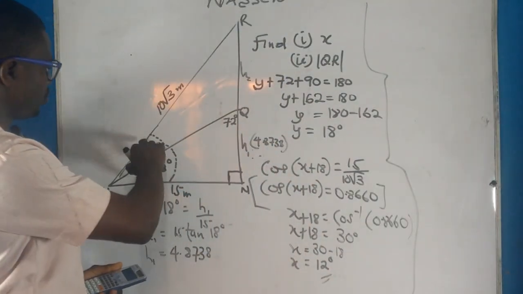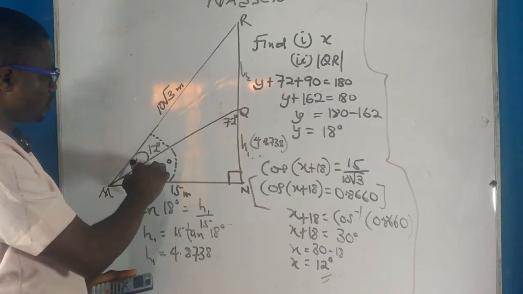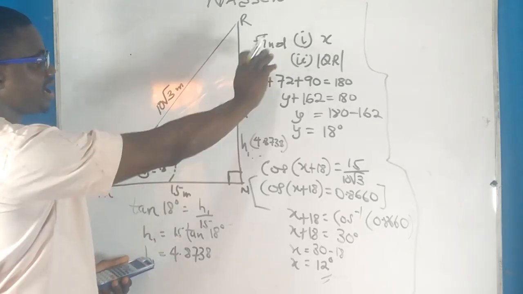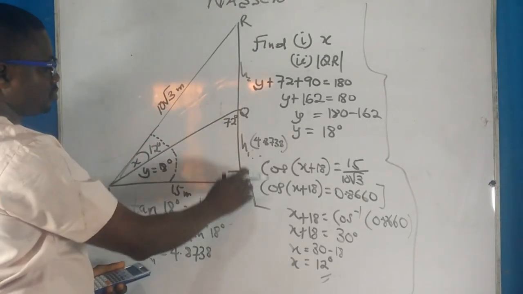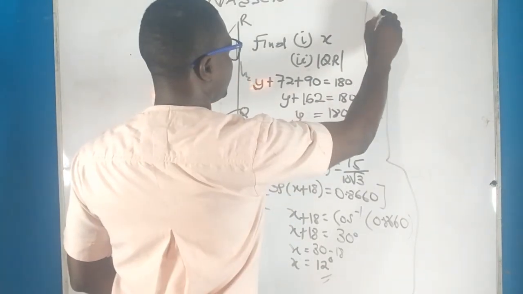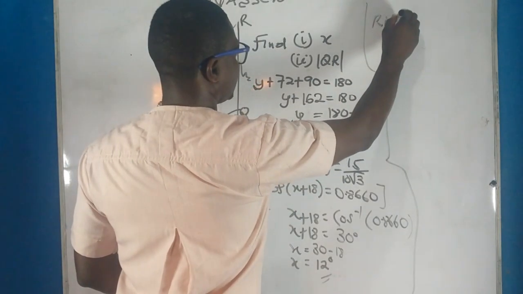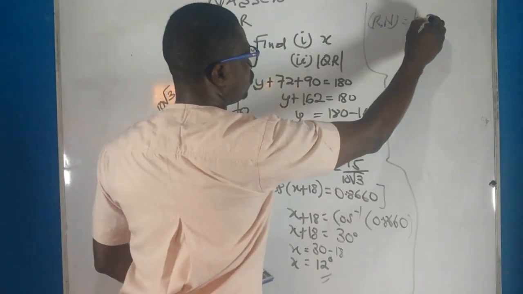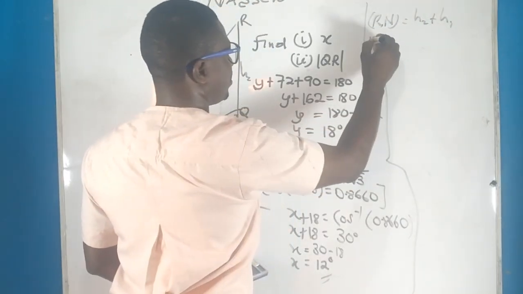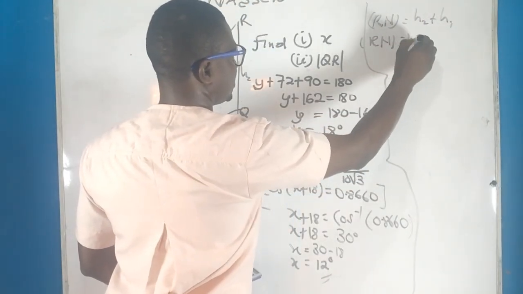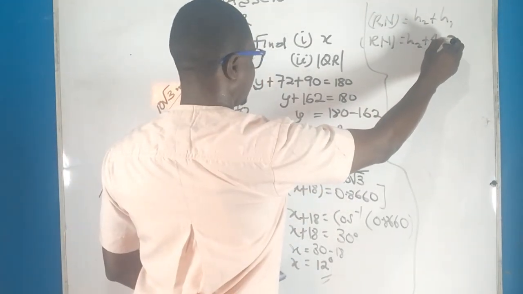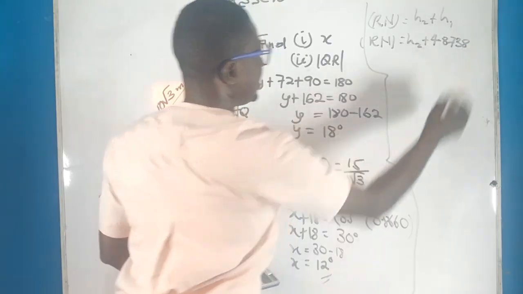So the major height, we combine these two angles. These two angles, 12 plus 18, will give you 30. And then the height is from R to N. So R to N is the sum of the h2 plus the h1. And we know RN is h2 plus this value that we have here, 4.8738.